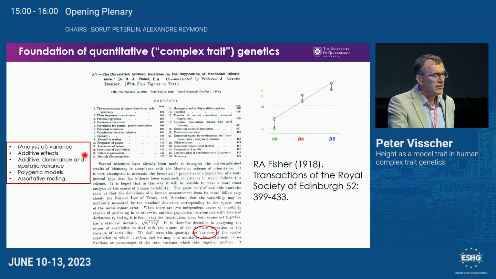It, for example, introduces for the first time variance in a statistical sense and an analysis of variance. It introduces effectively what we now use in GWAS, additive effects, when we regress a phenotype on genotype dosage. It defines additive, dominance and epistatic variance. It introduces polygenic models, and in fact, the majority of this paper is how to deal with assortative mating.